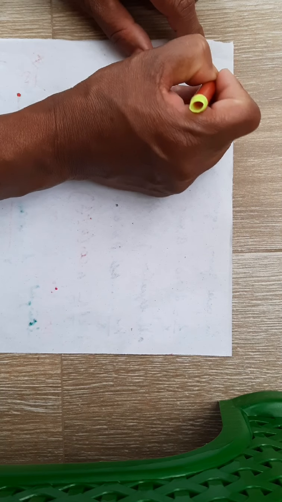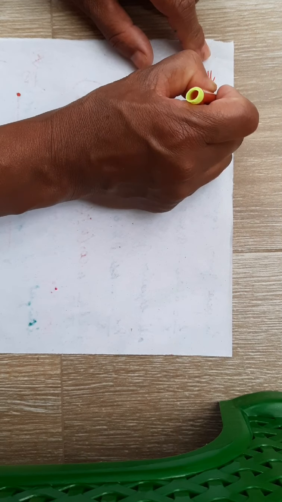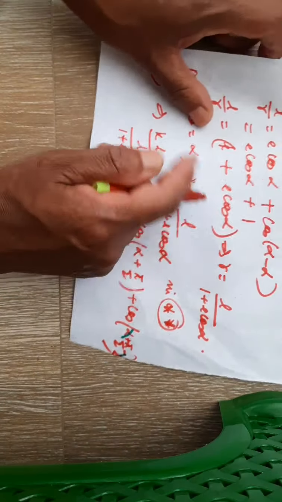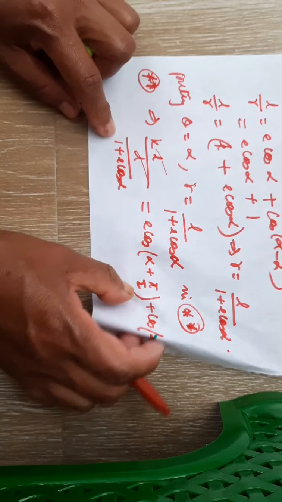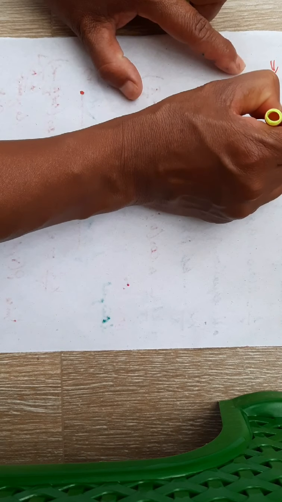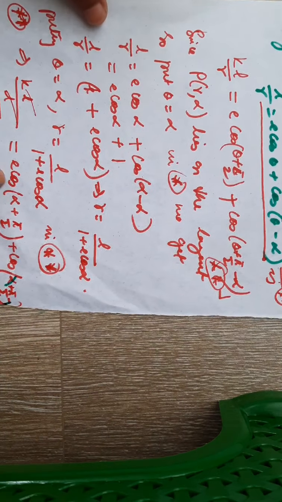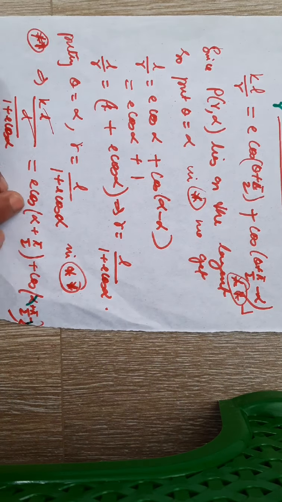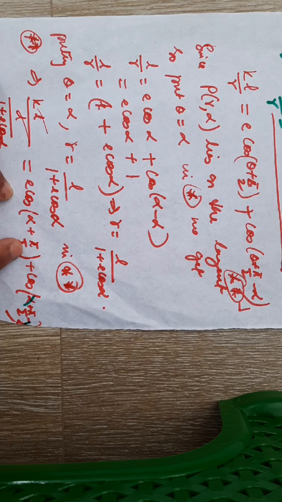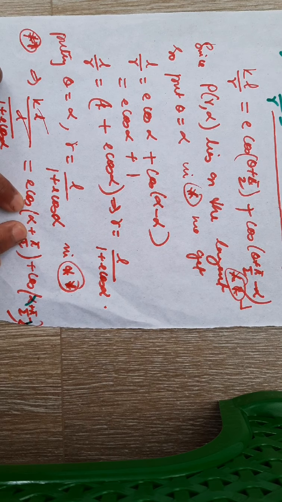So this implies that L and L can be cancelled. This one will come to the numerator. So k times of 1 plus e cos alpha is equal to, what is cos of alpha plus pi by 2? Cos of alpha plus pi by 2 is the same as minus sine of alpha.